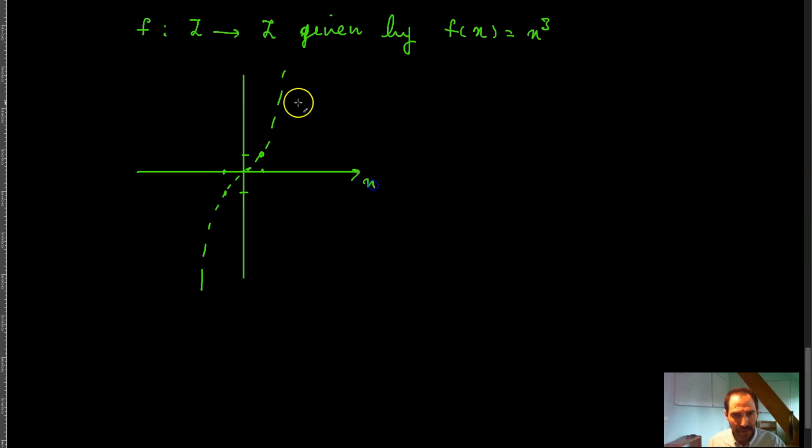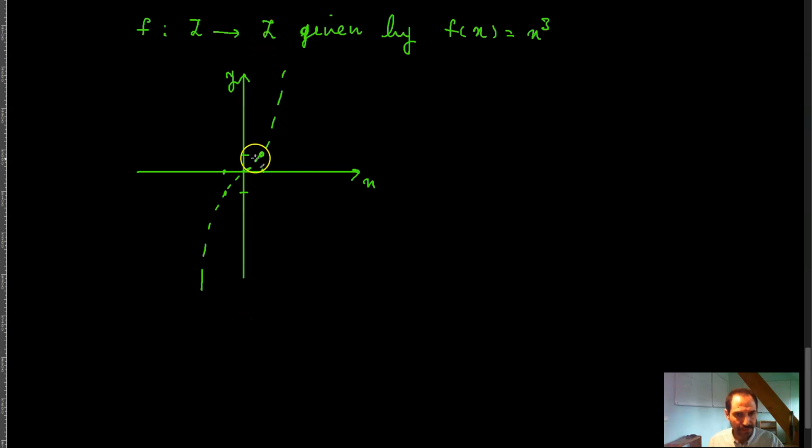And this is your x and this is your y. Now the domain is the set of integers, which means positive numbers and negative numbers. The range is also the set of integers, positive numbers and negative numbers.